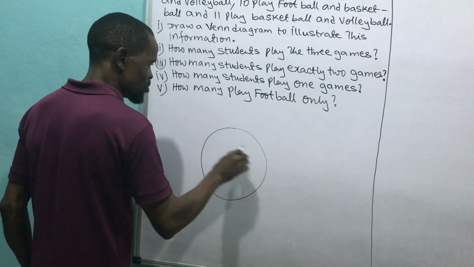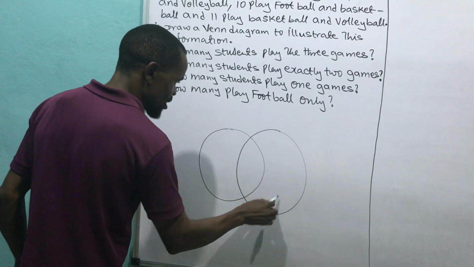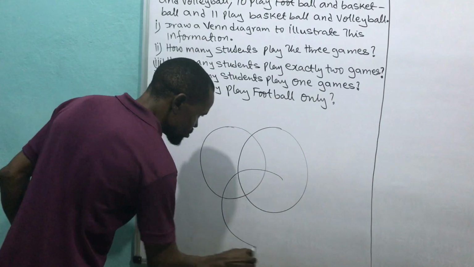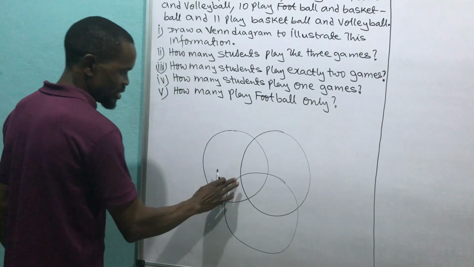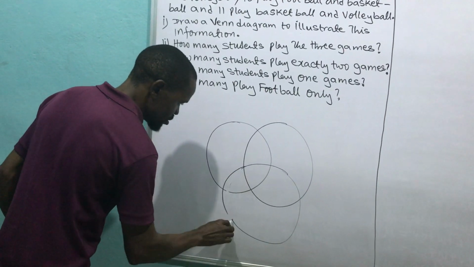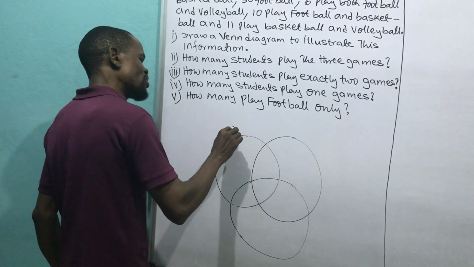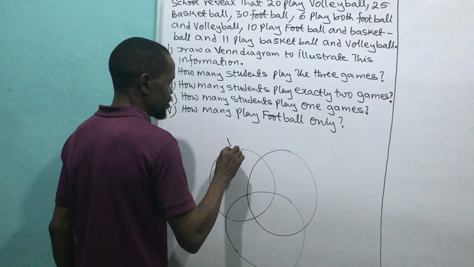I draw the circle, I draw the second circle, and I take the 3rd circle. Maybe I call this one volleyball.